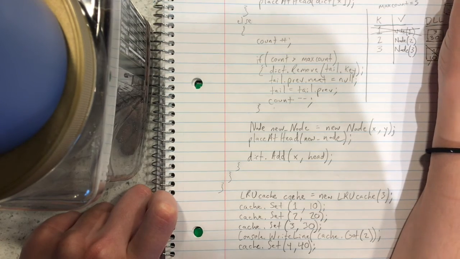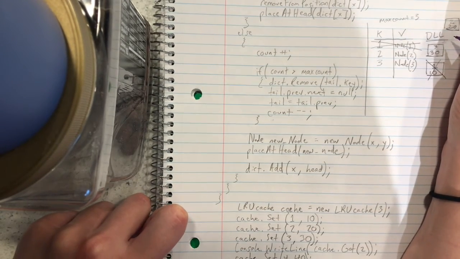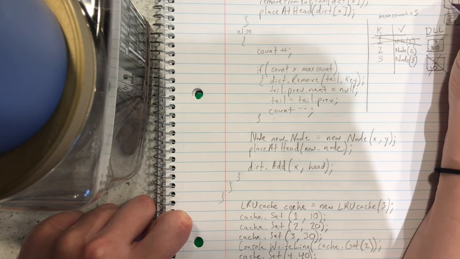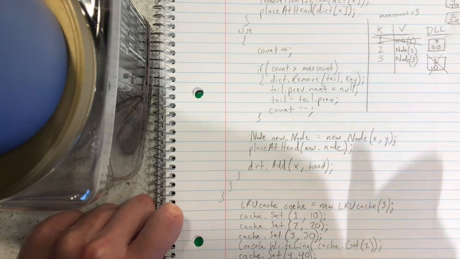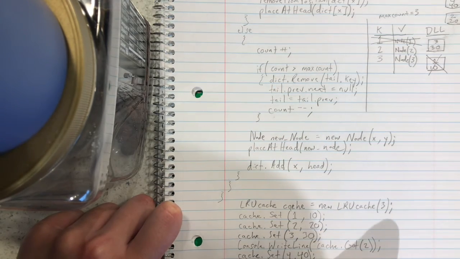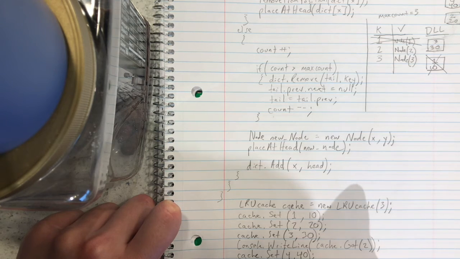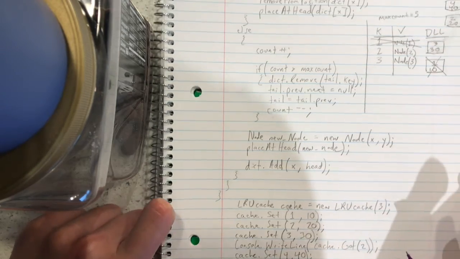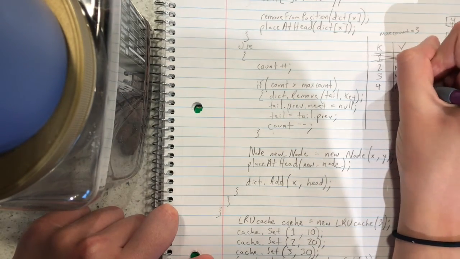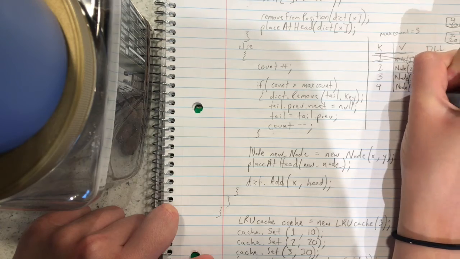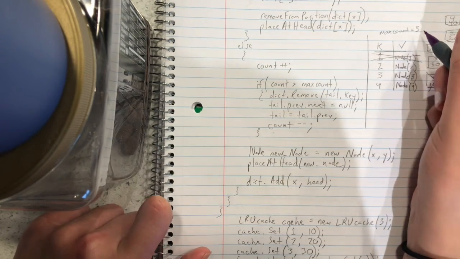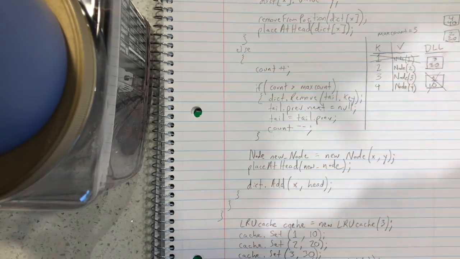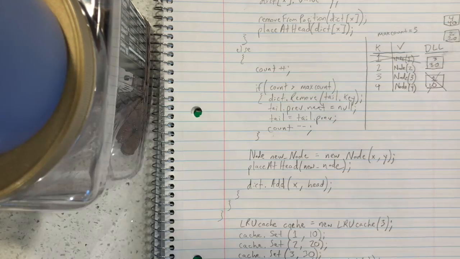You can see that 4 and 40 is now at the head. So if we were gonna try to get of 1 after this 4 of 40, we would not be able to get it, because it's not maintained. The max count is 3, so the maximum number of elements that can be stored is 3 in this cache.